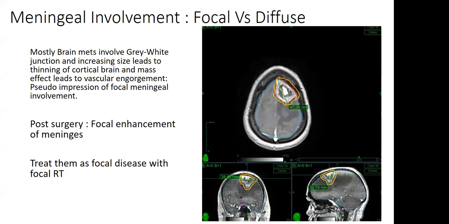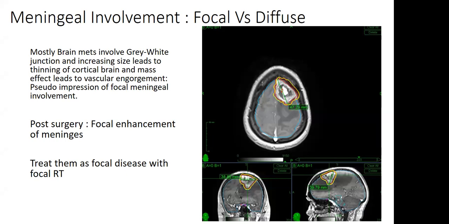Sometimes, because these lesions are present on the gray white matter, when they enlarge, they push into the free space, and generally the free spaces are just under the skull bone areas. So it touches the meningeal part almost all the time whenever it's on the surface. It gives a pseudo impression that in that area meninges are involved, but that's not the true case. This is mostly due to the vascular engorgement in that area.